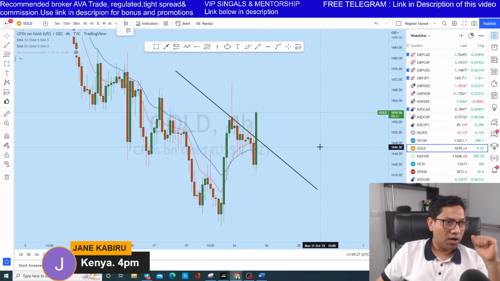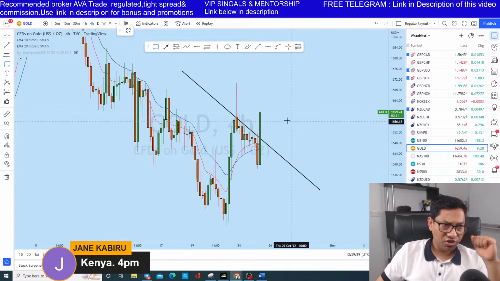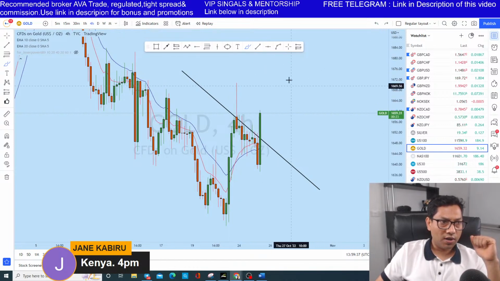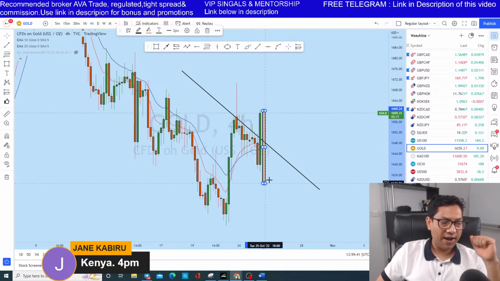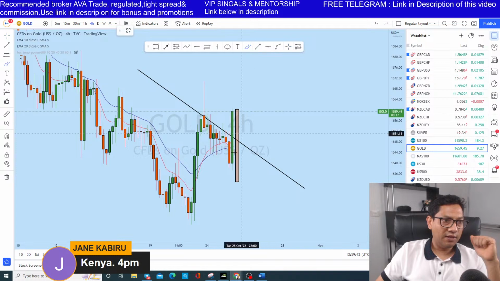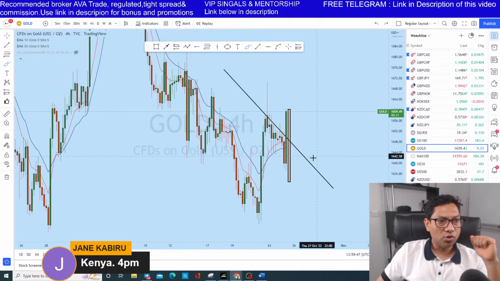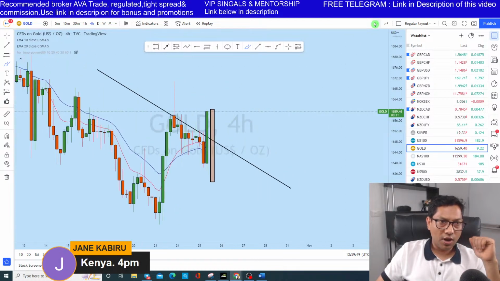This is long-term bearish, so we cannot expect this price to continue going up like that, because there is already a rejection zone here. It could even come back down and then go up again, creating a head and shoulders. There is a lot of drama that could happen.